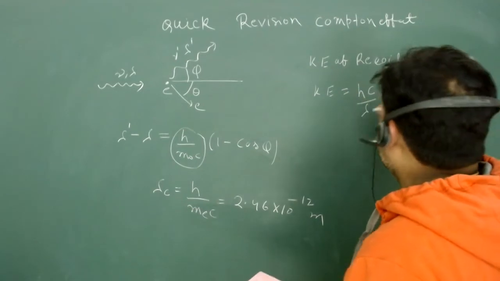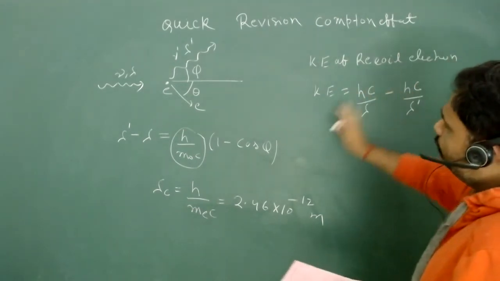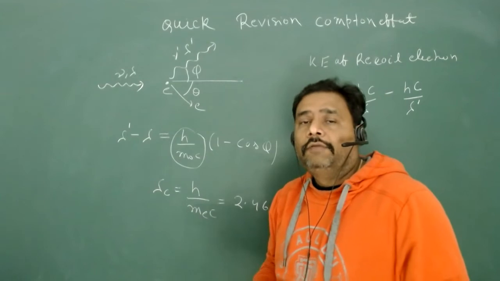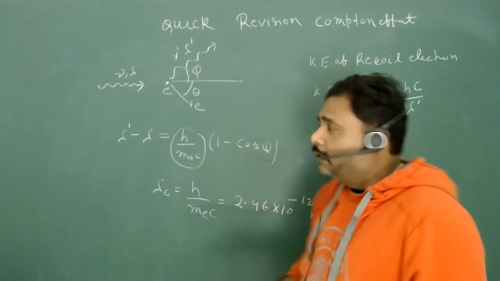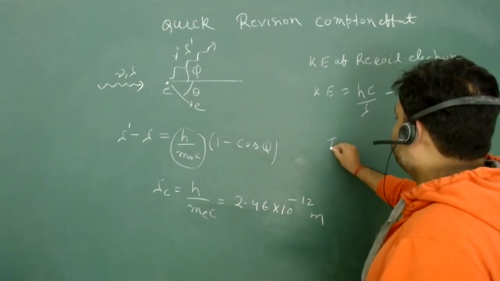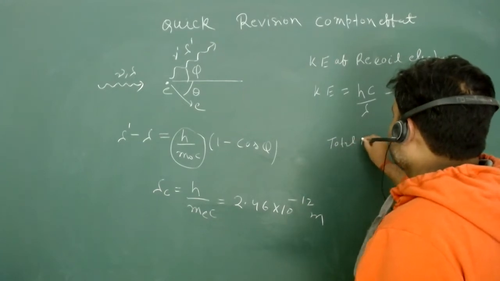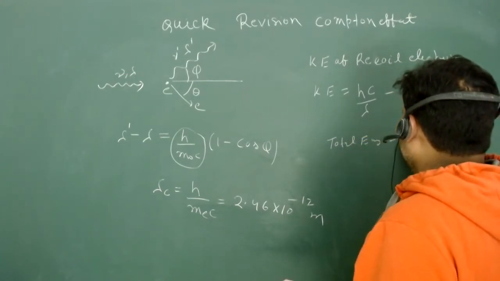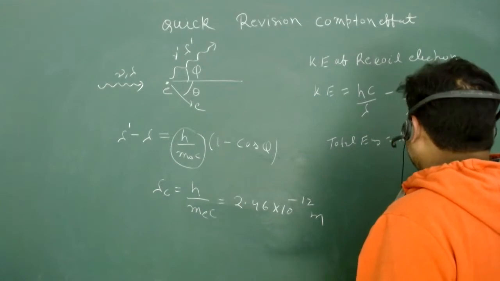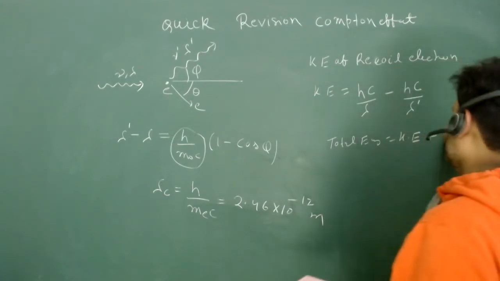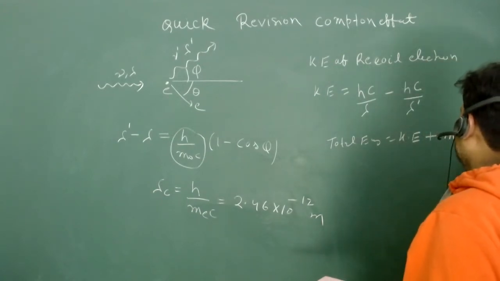This is the kinetic energy of the recoil electron. But if someone asks you what the total energy of the recoil electron is, then you have to write: total energy is equal to kinetic energy plus rest mass energy of electron.